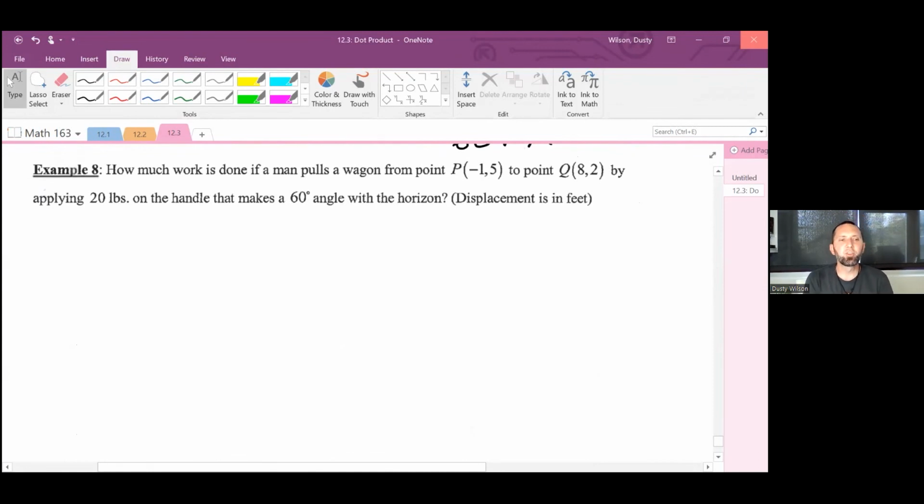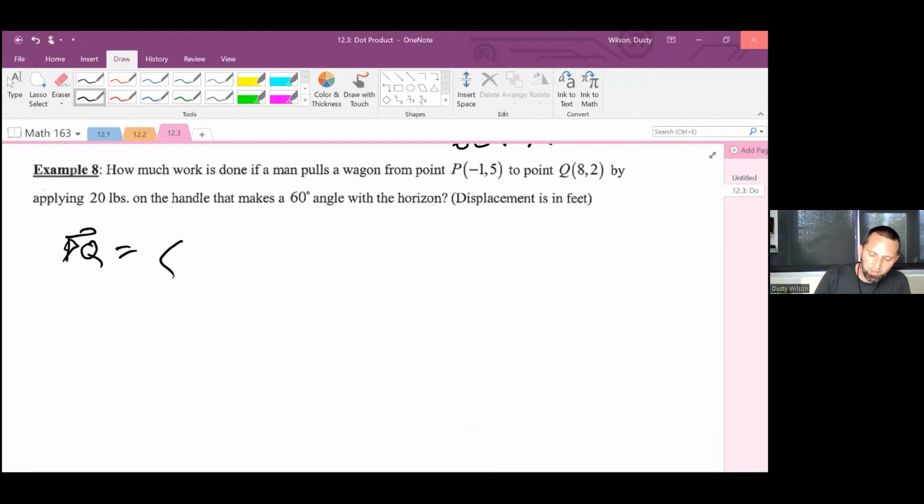Example 8 is very similar. It says, how much work is done if a man pulls a wagon from point P, (-1, 5), to point Q, (8, 2), by applying 20 pounds on the handle that makes a 60-degree angle with the horizontal. So it looks like we're going to need to find vector PQ, because that's going to tell us about our displacement. So it's going to be the position vector in the Q direction minus the position vector in the P direction.